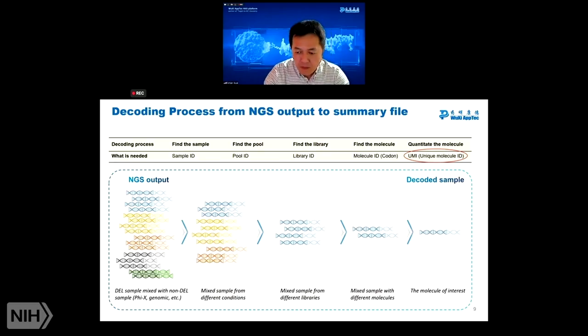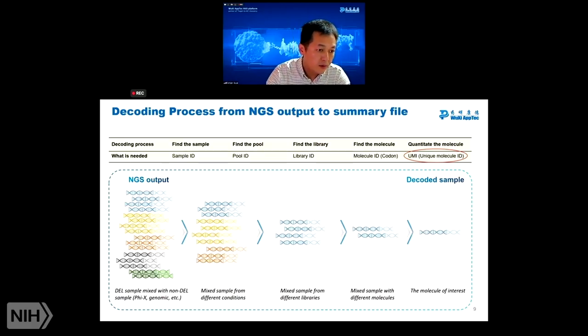For that reason, a lot of applications mix in phi-X to break that pattern, or you can intentionally make a frame shift on the DEL sample to avoid a patterned sequence. So if you use phi-X, obviously you need to get rid of it.